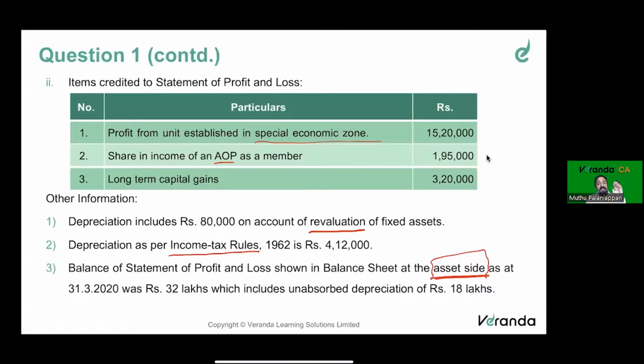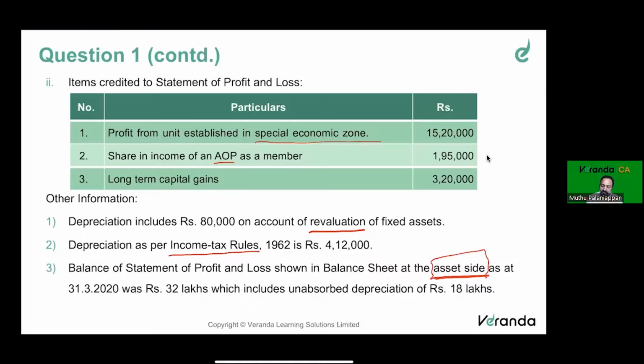So this is a general phenomenon. Generally, a business tends to make profit. Profit gets accumulated over a period of time, and profits get reported as reserve under the liability side of the balance sheet. But here the word is asset side, which means it's a loss. So it has got accumulated into the asset side of the balance sheet.